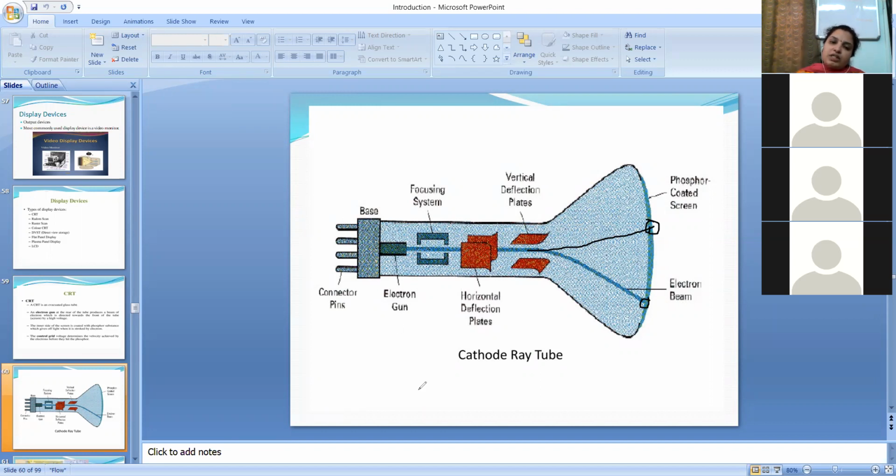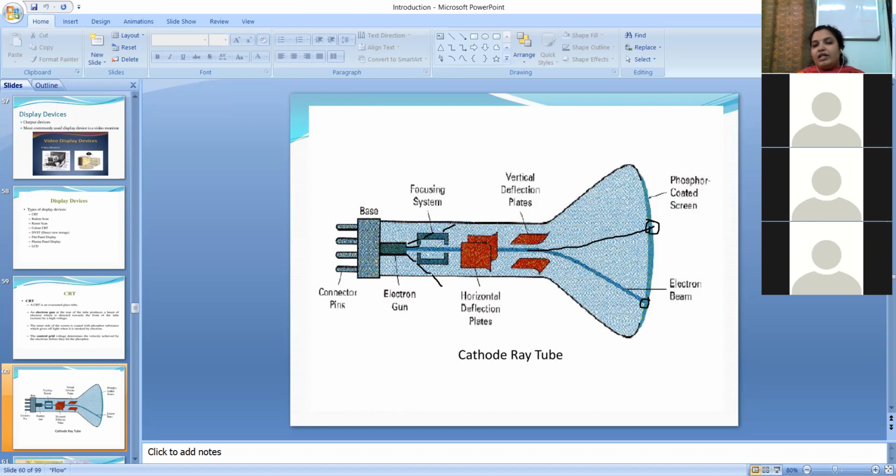Then the focusing system. What is the job of the focusing system? If it were not here, the electrons would move in any direction once generated from the electron gun. Once the electrons are generated here, their direction will not be specified. They can move here and there in this tube.